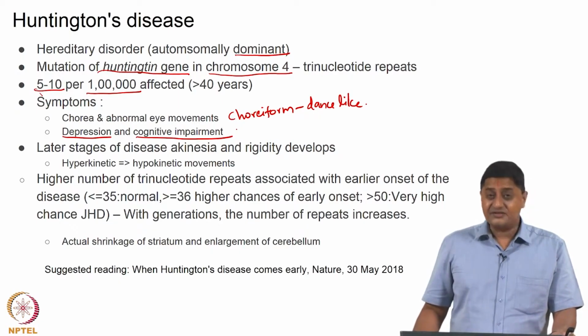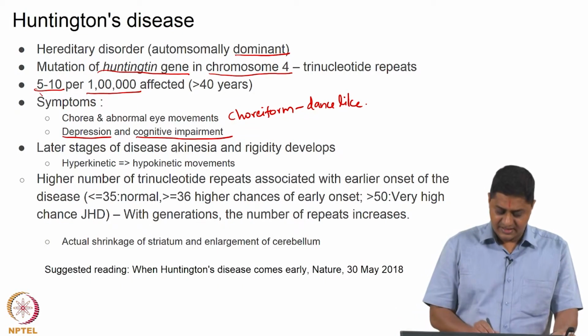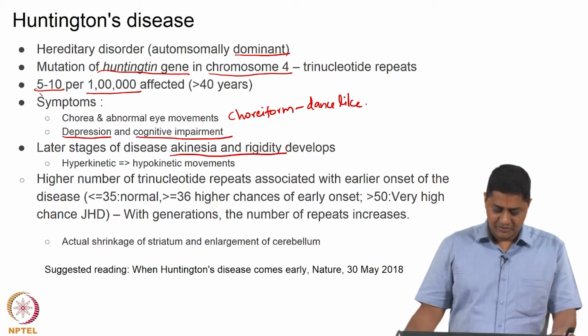In later stages of the disease, a hypokinetic form, a phenotype involving rigidity and akinesia, is developed, and that leads ultimately to death. Usually death happens about 15 to 20 years after onset.